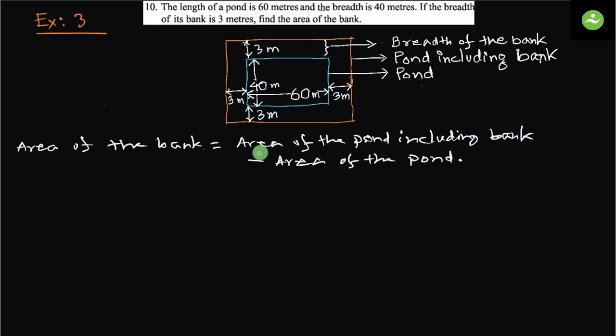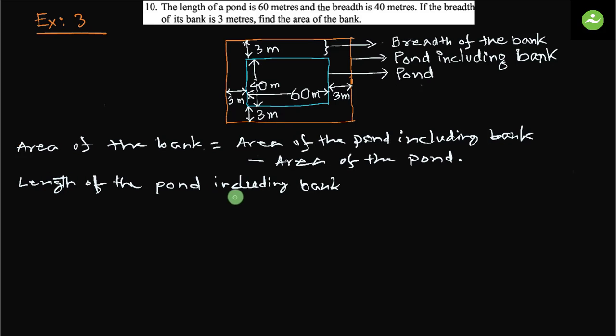So let us find the area of the pond including bank. Length of the pond including bank.